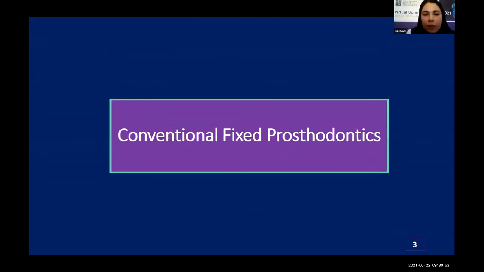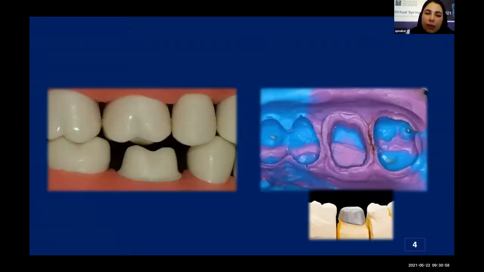Now, let me start with conventional fixed prosthodontics. In a simple case of a single crown, the first clinical step is tooth preparation, then an impression is made, then the working cast and die are fabricated.